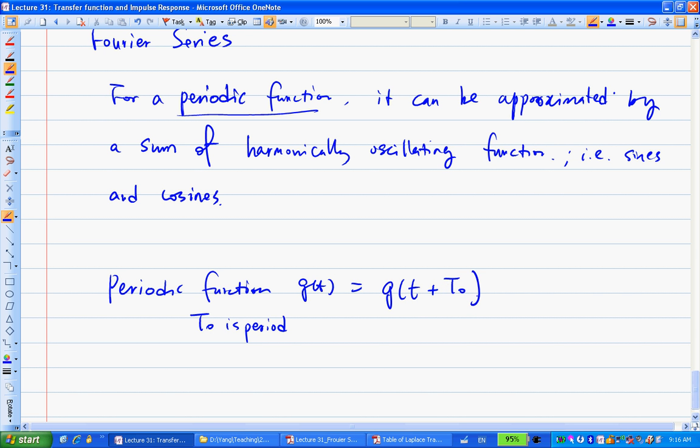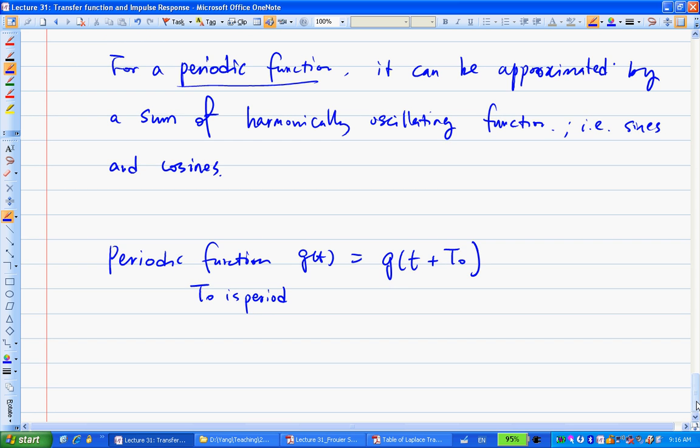That's what a periodic function means. At any time, it doesn't matter, if you shift by a quantity of t naught, you end up with the same value. That's a periodic function.